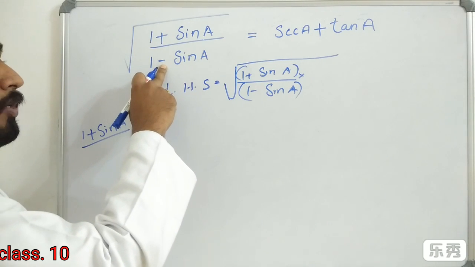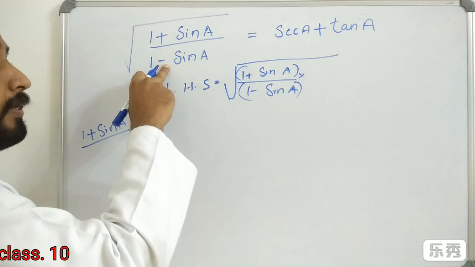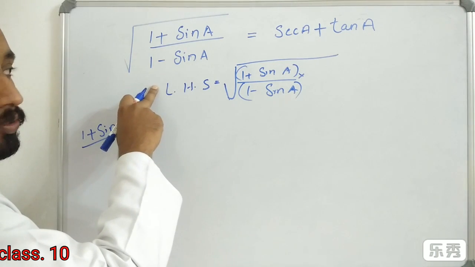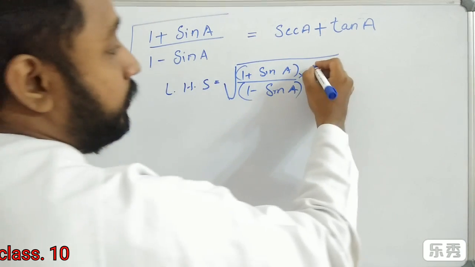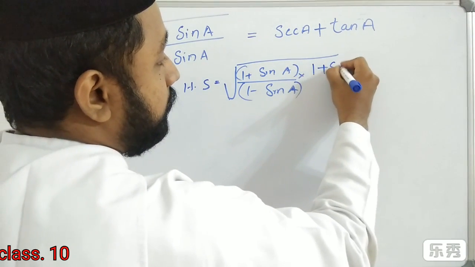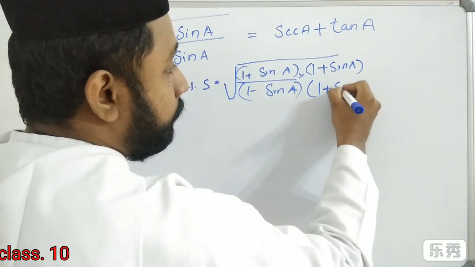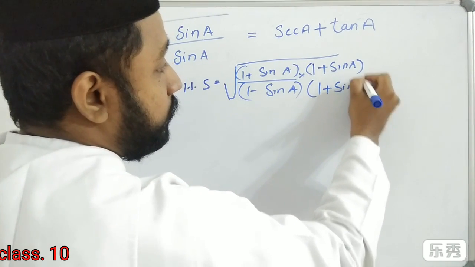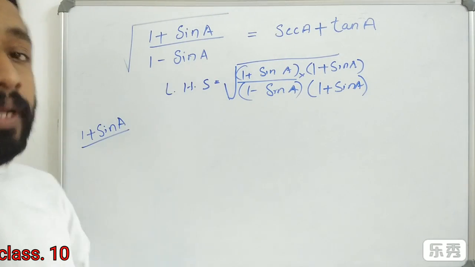So we multiply with 1 plus sin a in both the numerator and the denominator. Then there will be no change. That means the conjugate of the denominator.